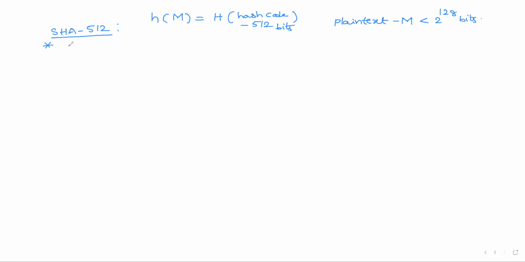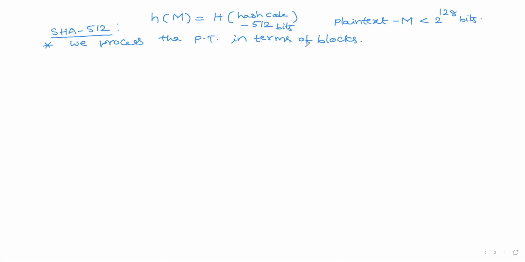So if the plain text is of big size, or it may be less than 1024 bits, then what we do here is process the plain text in terms of blocks.